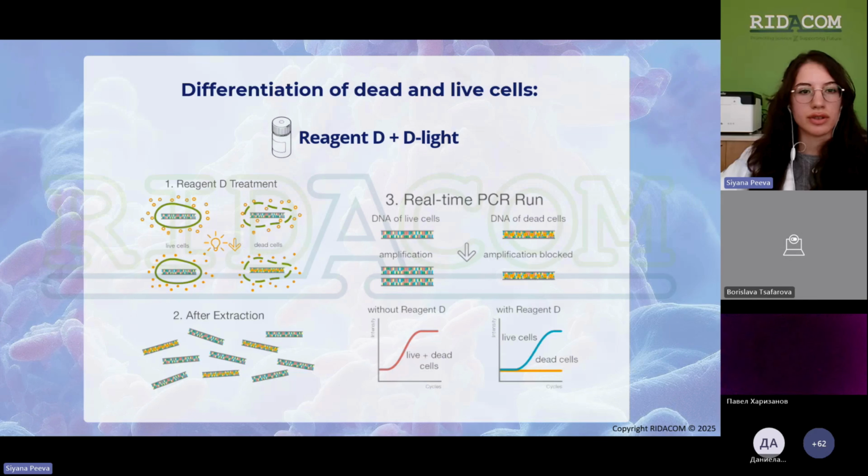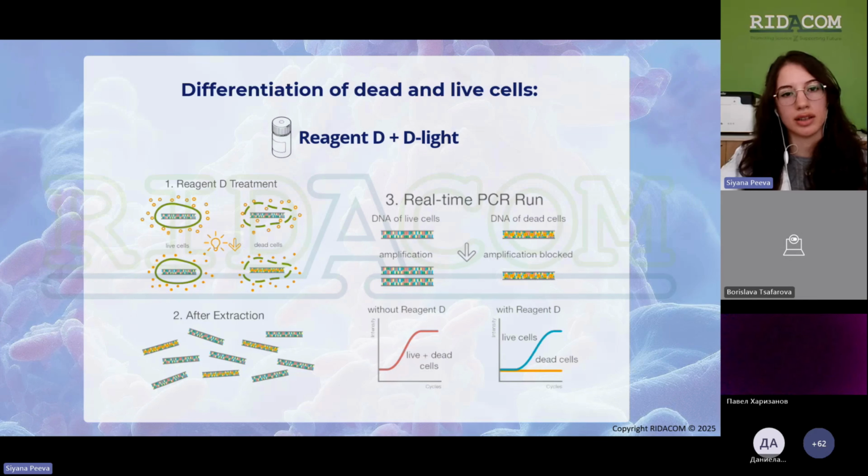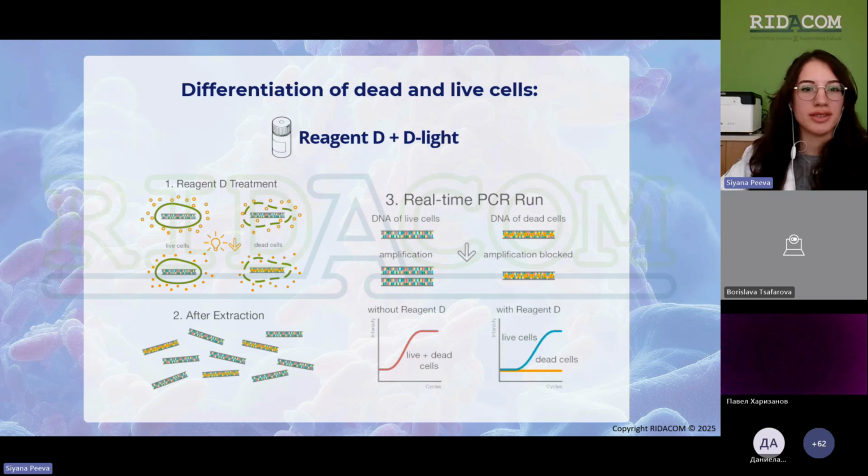Now, I mentioned differentiation of dead and live cells. So what is this and why do we do it in qPCR? It's important to do it because in qPCR, we can detect every cell of Legionella in every state: viable but non-culturable, non-motile, replicative, but also when the cells are dead.